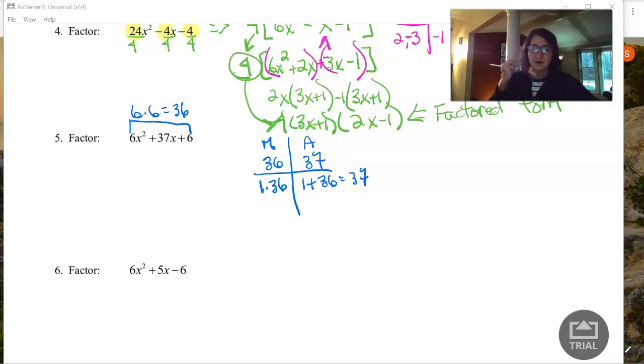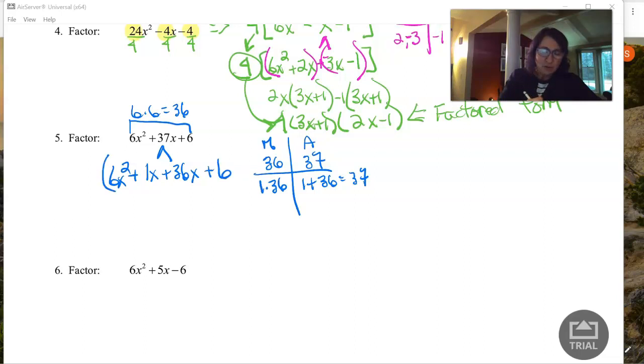Okay, so I'm going to use those factors of 1 and 36 to split my middle term. I'll write it down there so you can see that 1 very clearly. 1x plus 36x. Bring down my 6x squared. Bring down my plus 6. I'm going to group the first 2 and the second 2 terms.